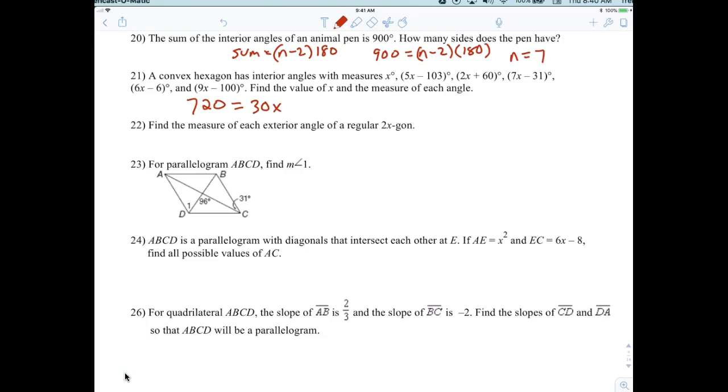And then if I add up the numbers, what does that add up to, guys? Negative what? N minus 2 times 180. 6 sides, 6 minus 2. Negative 200. Is that right? Yeah, no, it's 29. I think it's 30x. Somebody else get 30x. She's saying 20. I got 30x. It's 30x.